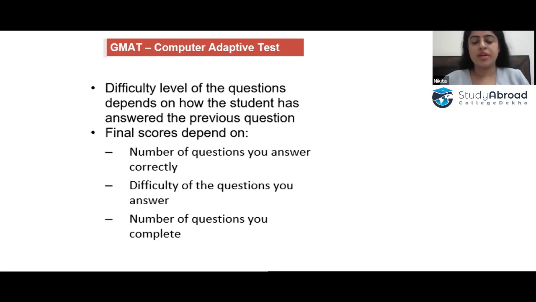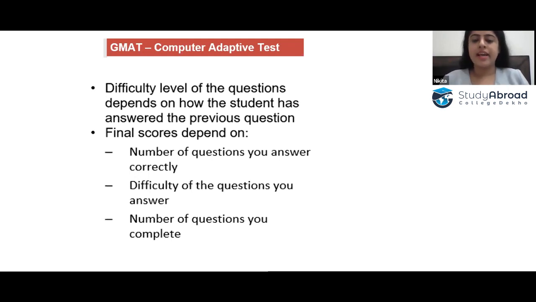Your final score depends on three factors: how many questions you answer correctly, and the difficulty level of the questions you answered correctly. It is not equal if one student has solved 20 questions and another student has also solved 20 questions, their scores are not going to be the same.